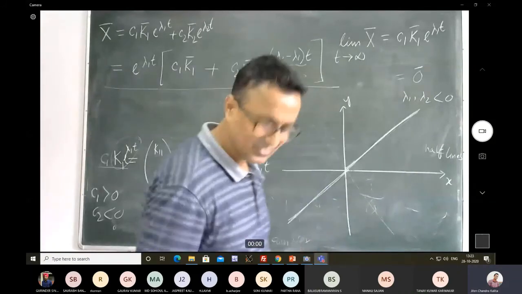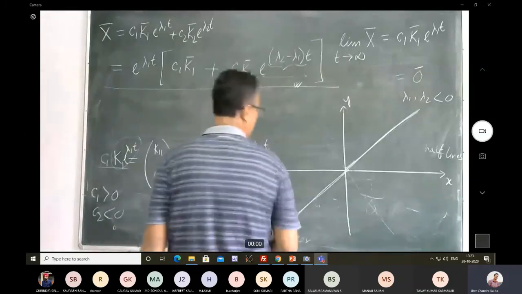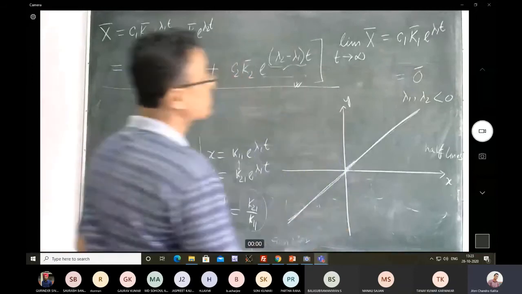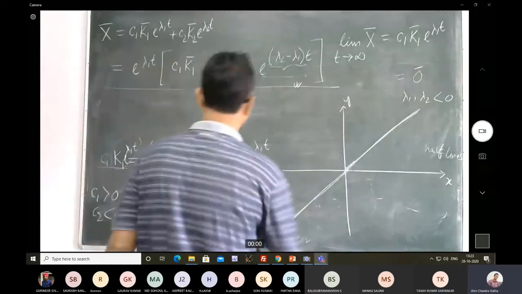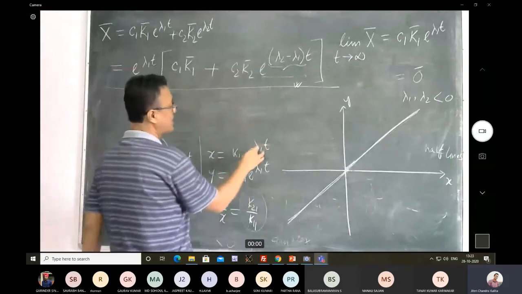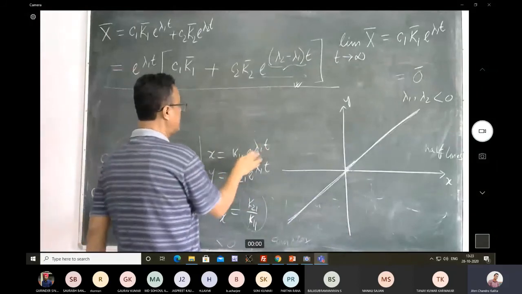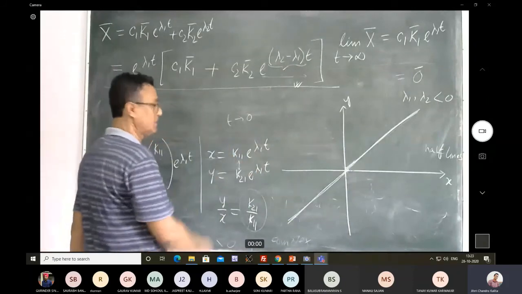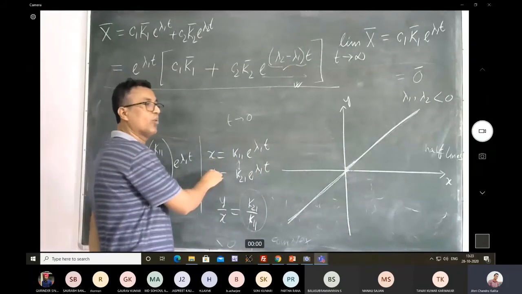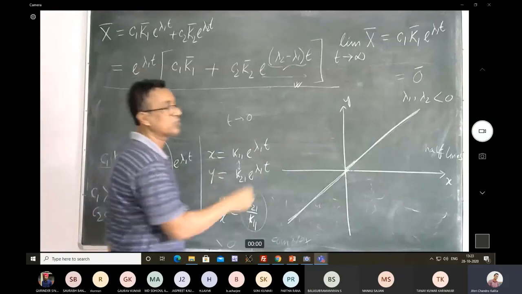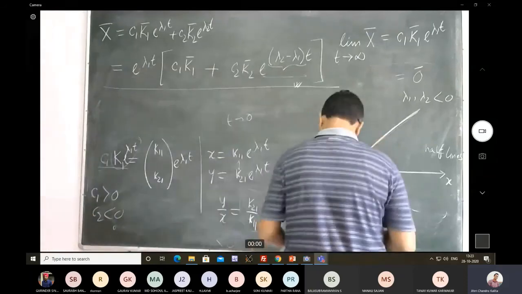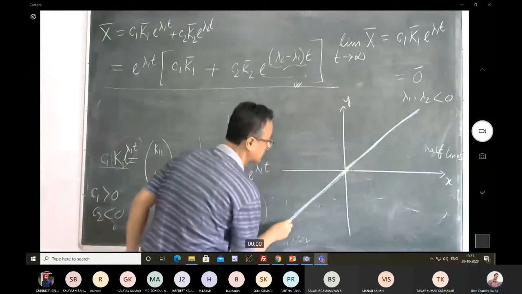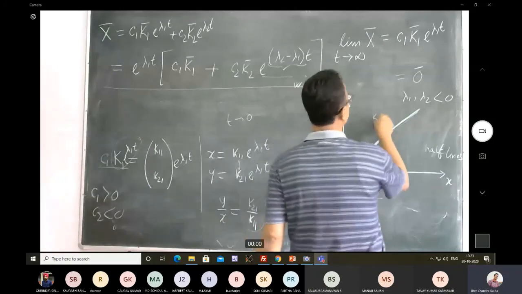Okay, fine. So now let me come back to this again. In this particular case, because your lambda 1 is negative, as t tends to infinity, x and y are both going to tend to 0. Suppose this vector is k1.